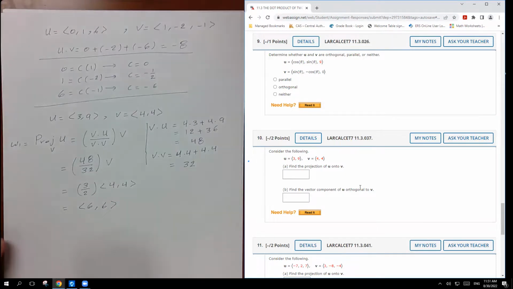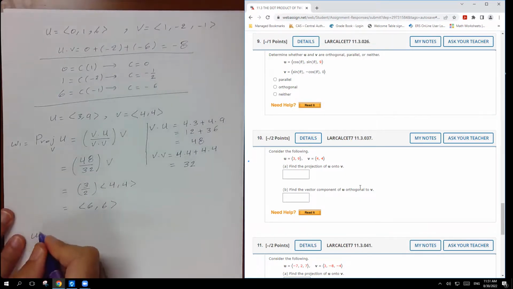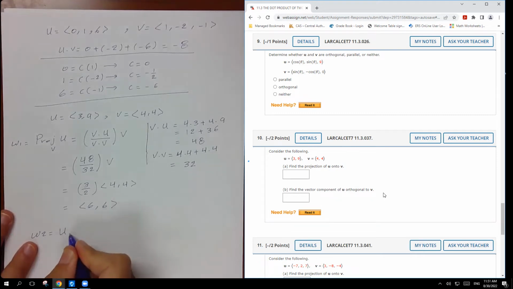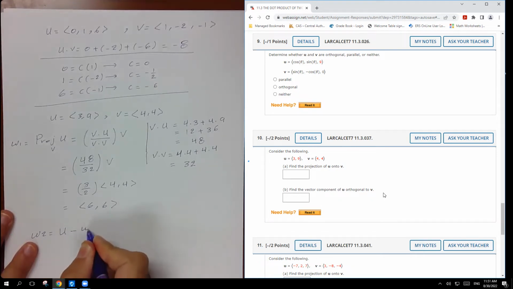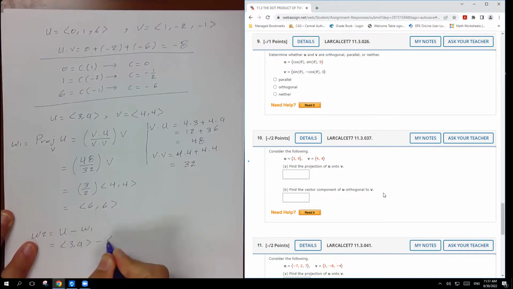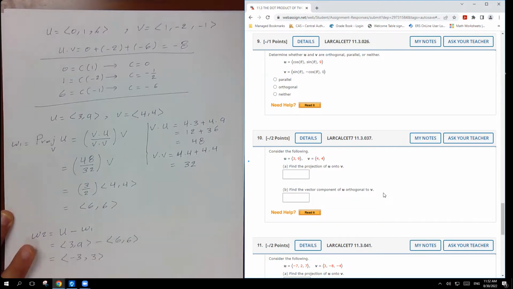So this is W1. To find W2, the second part of this equation, the vector component of U orthogonal to V, W2 is going to be U minus W1, which is 3 and 9 minus 6 and 6, so it's going to be -3 and 3. That's it.